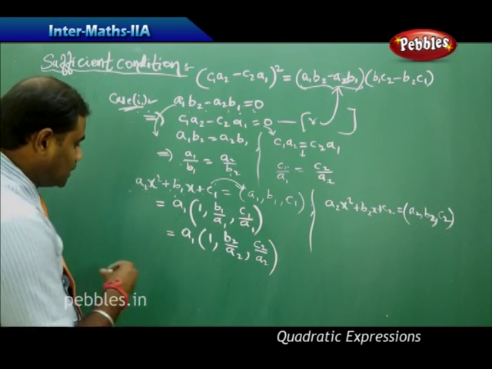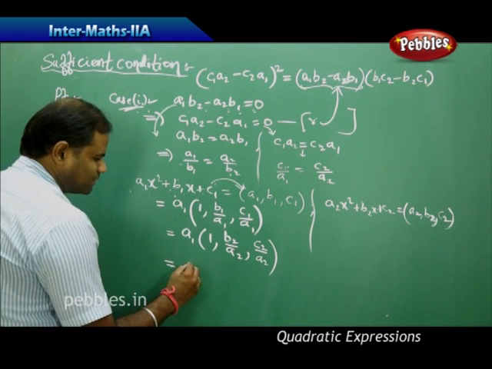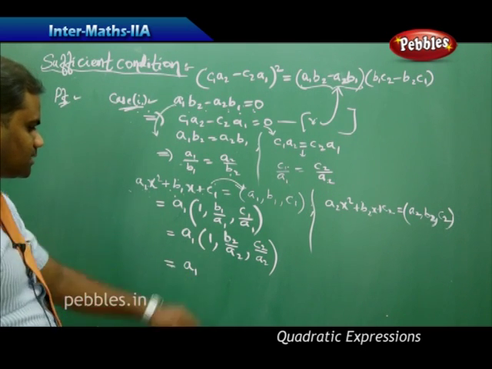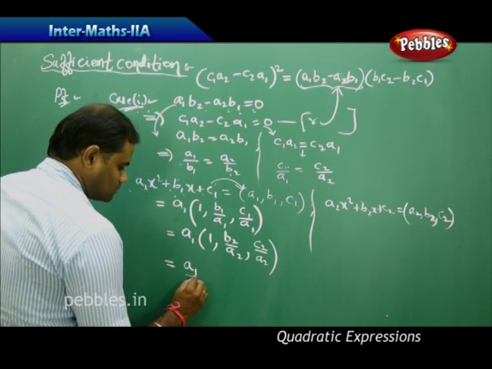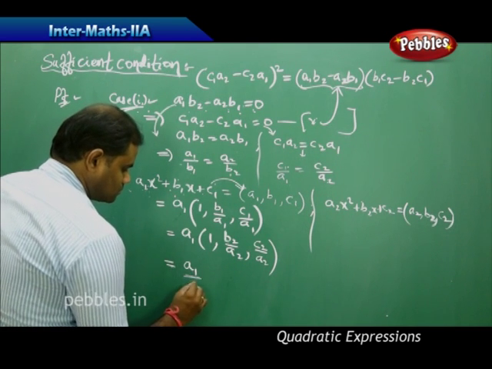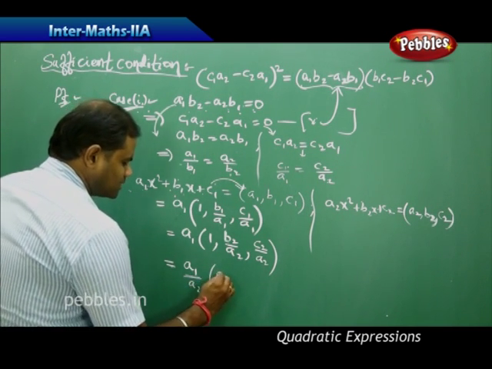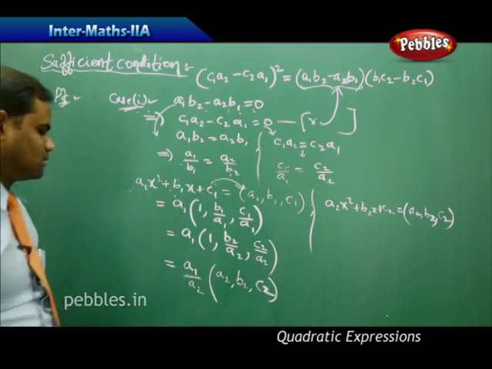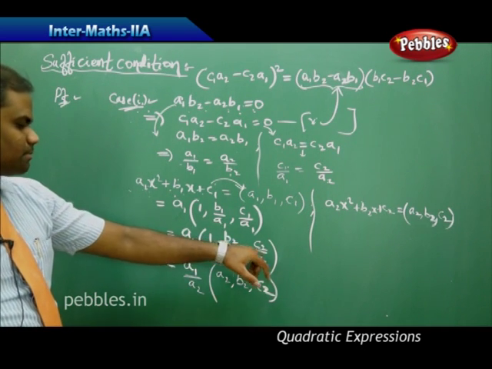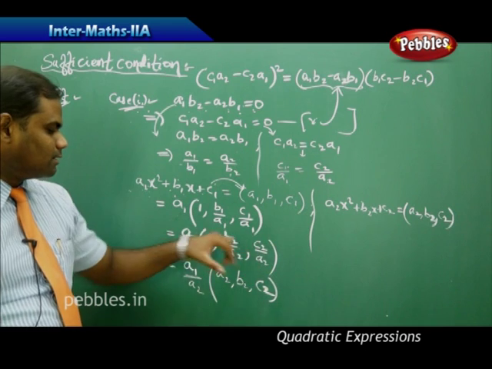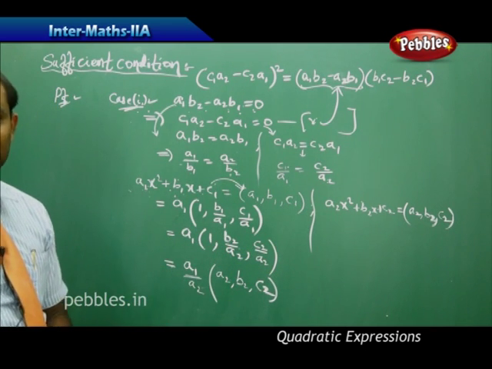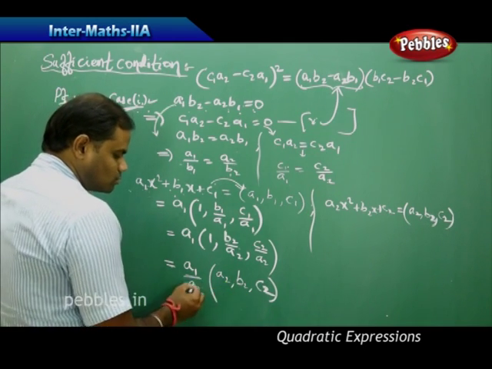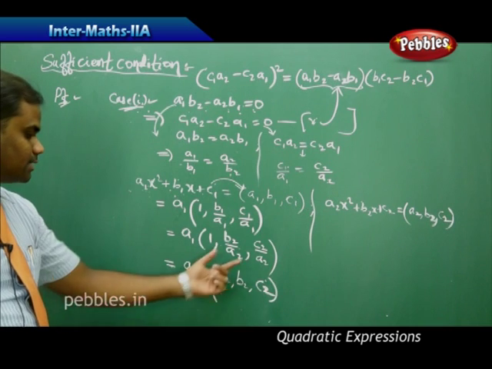So when I multiply A2 inside, this reduces to A2, B2 and C2, because each of these is multiplied with A2, where A2 gets cancelled here. Again, bringing back A2 inside, I get 1, B2 by A2 and C2 by A2, that is, taking A2 outside the bracket.